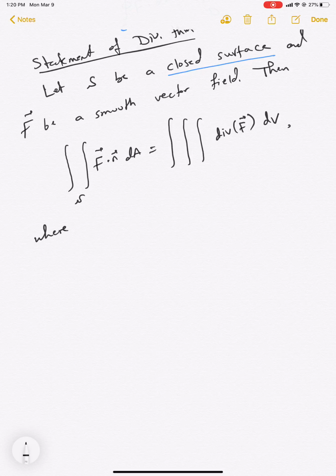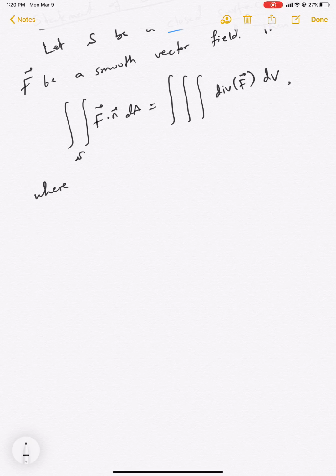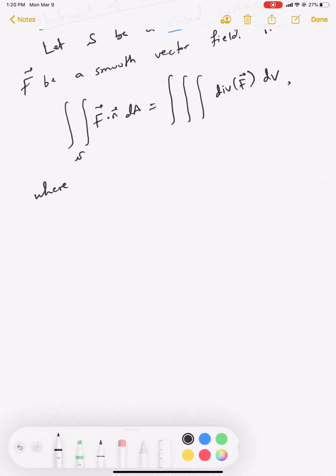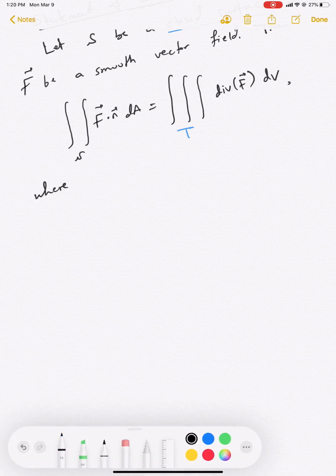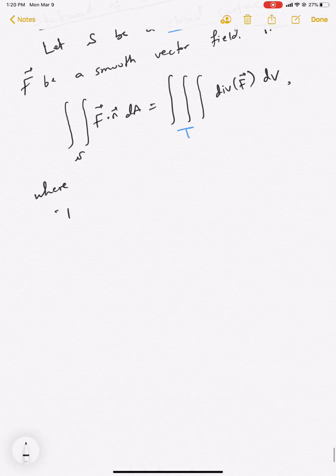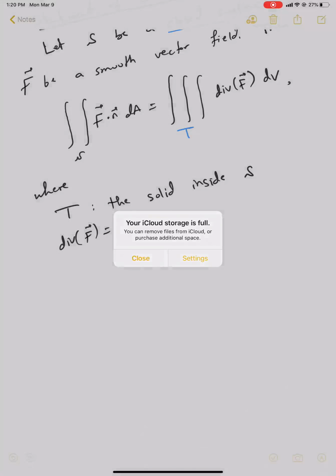Where? We need to discuss the notations used in this formula. First of all, any triple integral needs a region of integration. So there is a region of integration, let's call it T. What is T? T is the solid inside S. What is the divergence of F? This is the first time we see this notation in this course.